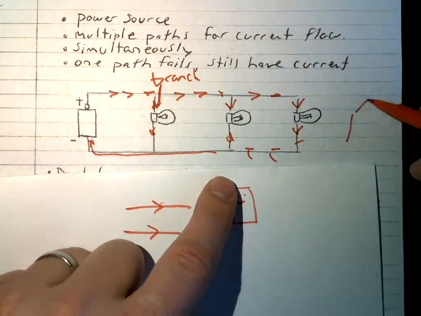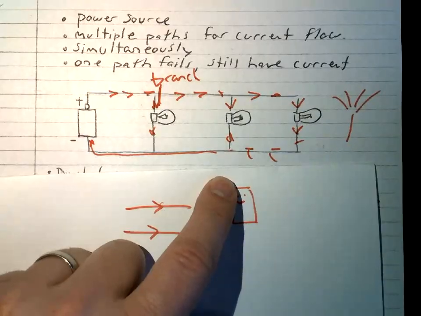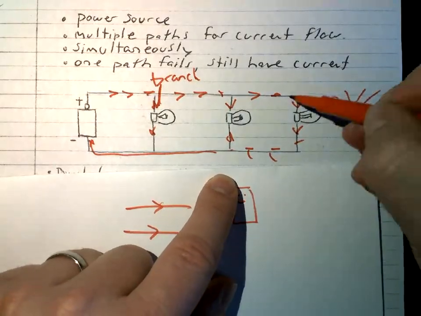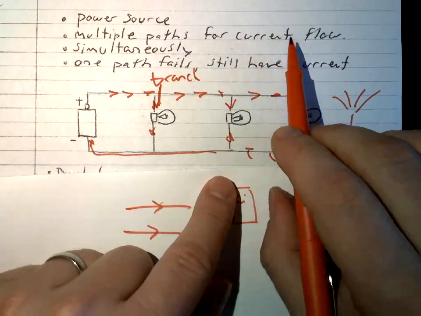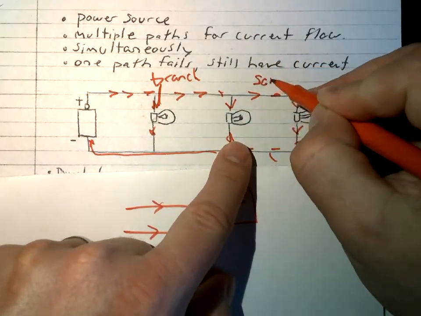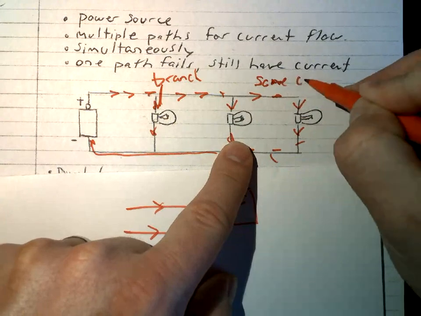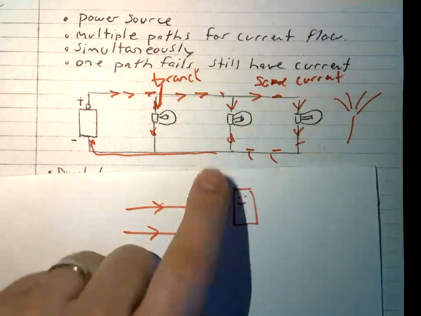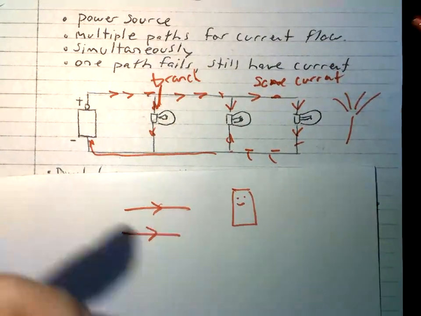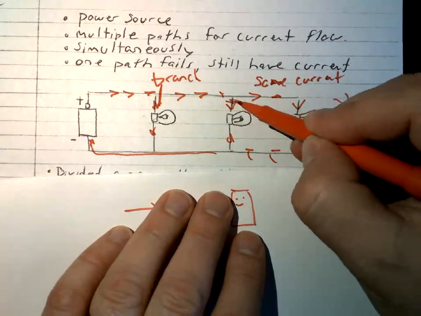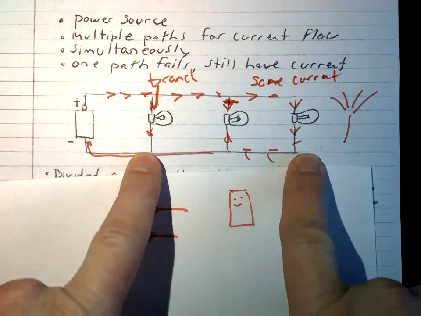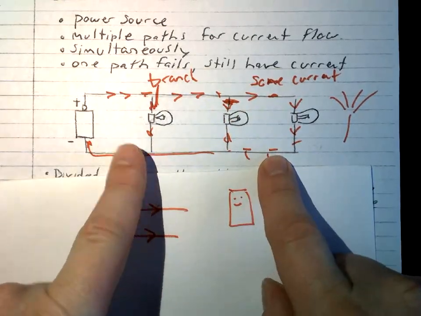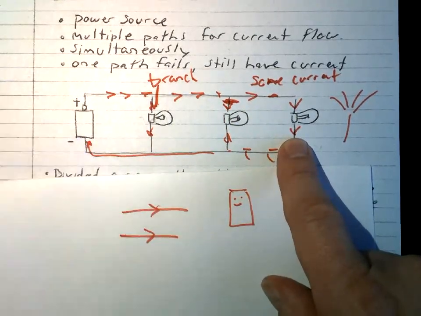A tree has all these branches, and each one has the same current flow. So if this one got cut, I can still have current that runs through this. But what if all three of these were cut? Well, then there's no current.